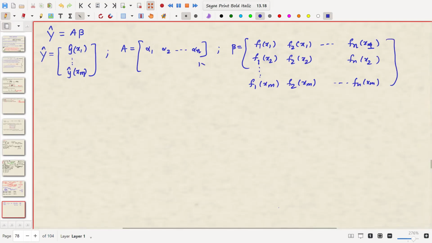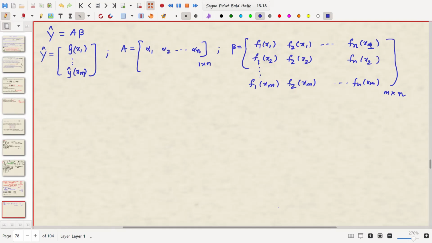So this is 1 cross n, this is m cross something. I'm writing whatever you are saying. You have to tell me what is the size of beta. M rows, x1, x2 up to xm. How many columns do you have? N. Okay.